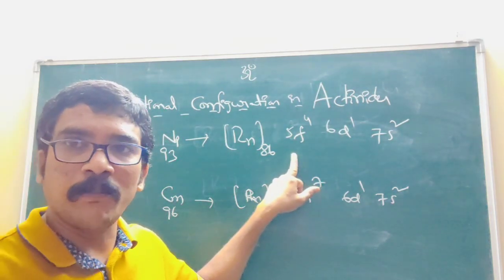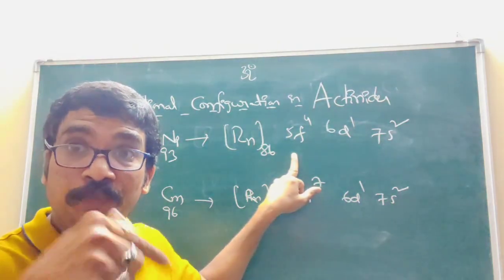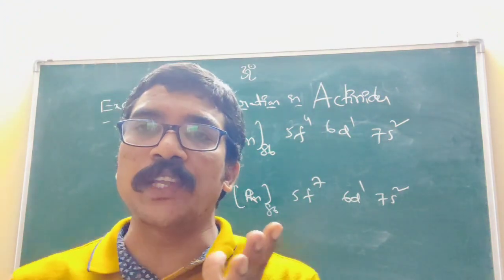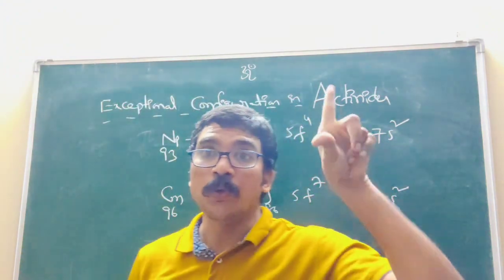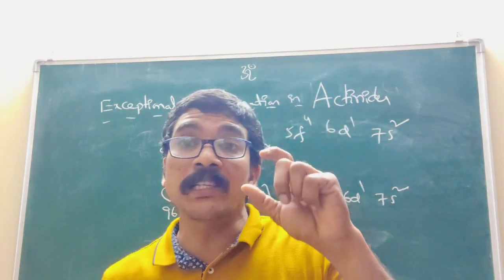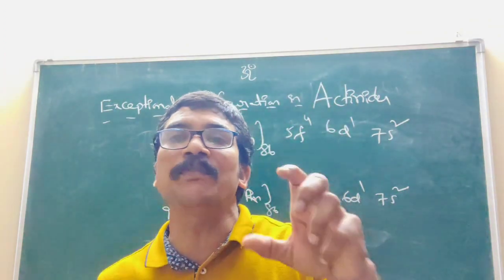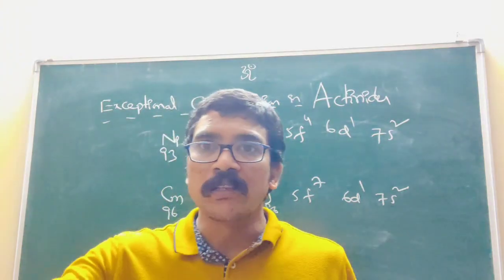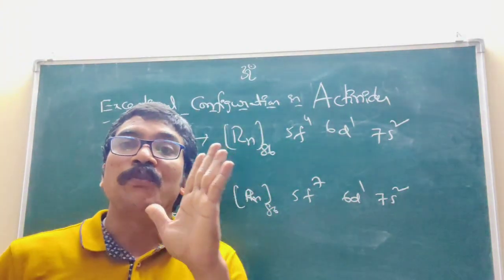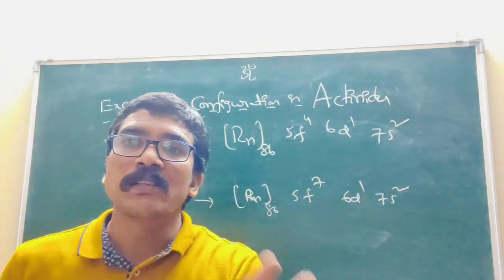The next element, atomic number 94 is plutonium, 95 is americium. Americium has f7 configuration like europium. In the 4f block, atomic number 63, europium configuration is 4f7, 6s2. Same americium also 5f7, 7s2.